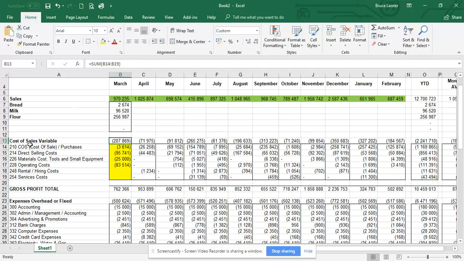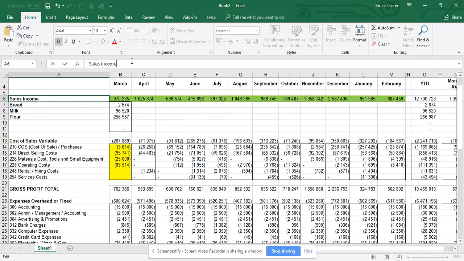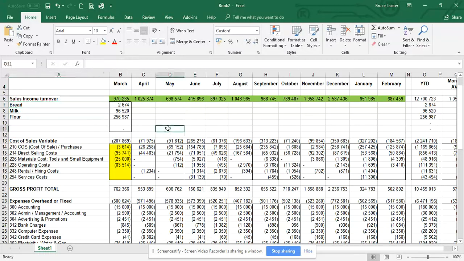So sales less cost of sales is gross profit. It's a simple equation. Sales is often called income or turnover, depending on what your particular company uses. They all mean the same thing.